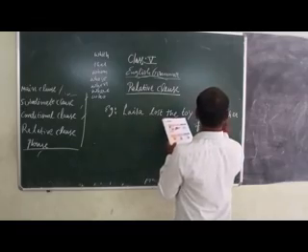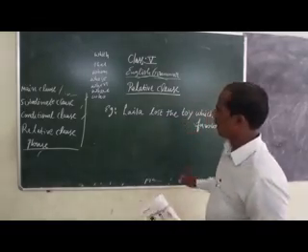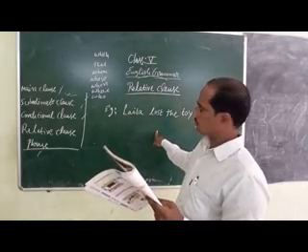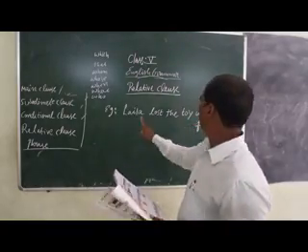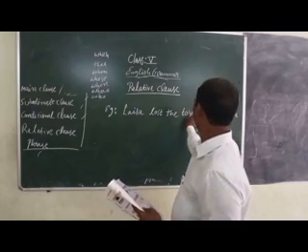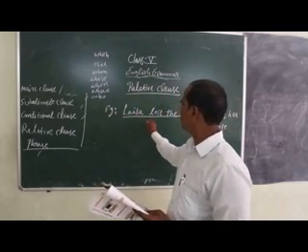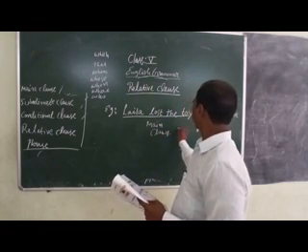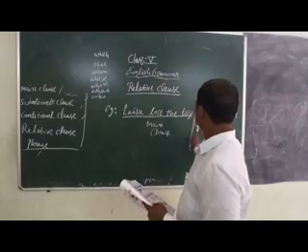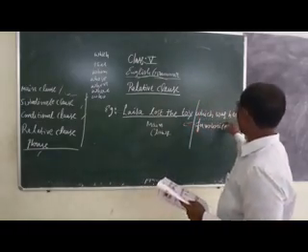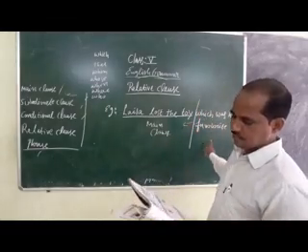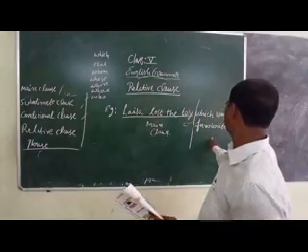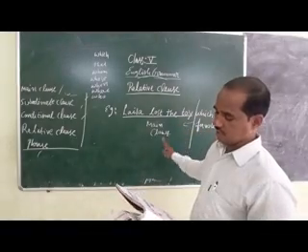You can see here the relative clause is connected to the main clause. Leela lost the toy. This is the main clause. It is connected to this sentence, which was her favorite. Here it gives information about the person or thing.